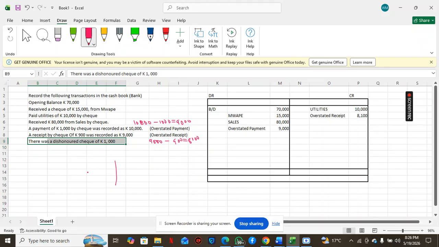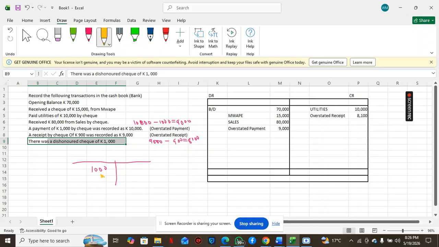Then you go and deposit the check in your bank, and the bank tells you there are insufficient funds. They bounce that check. So you have to come back to your cash book and correct this error.